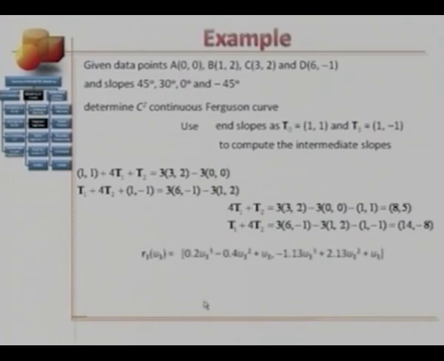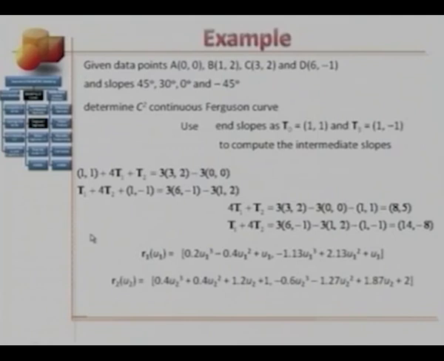Once we do that, the first segment R1 is 0.2 times u1 cube minus 0.4 times u1 squared plus u1, the x component. The y component would be minus 1.13 u1 cube plus 2.13 u1 squared plus u1.